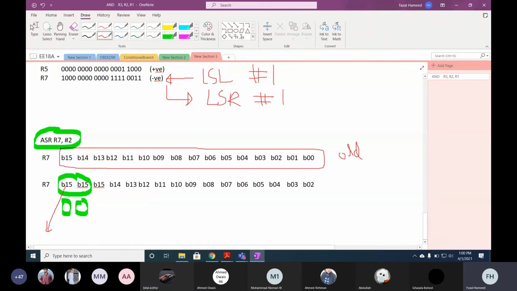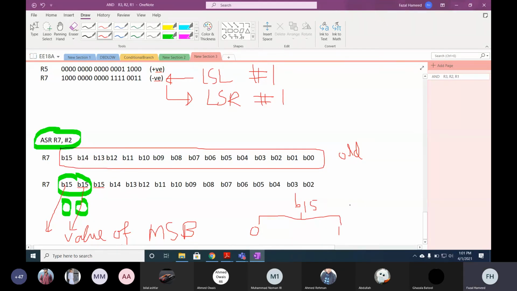We are inserting B15, the value of the MSB. So it means that if MSB is 1, now there are two possibilities. B15 can either be a logical 0 or B15 can be a logical 1.